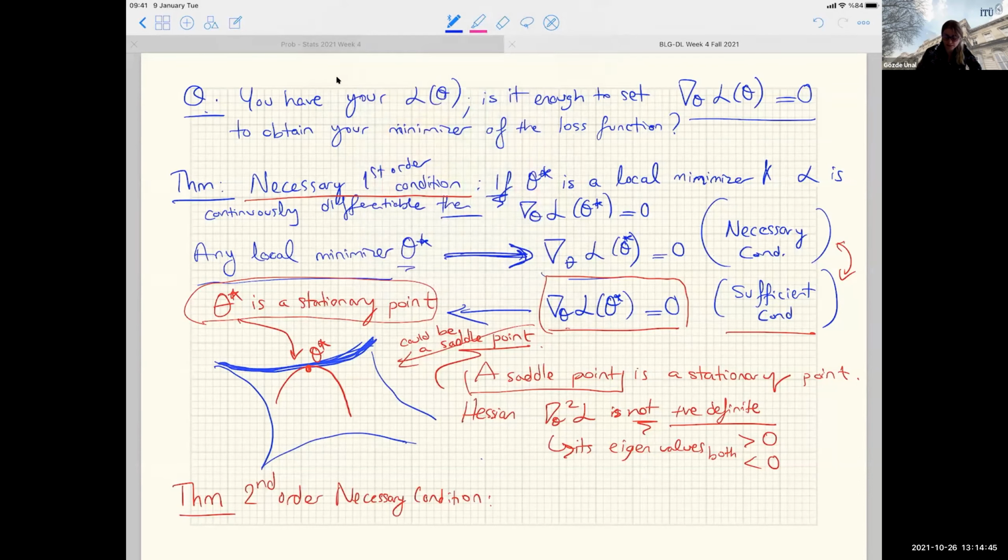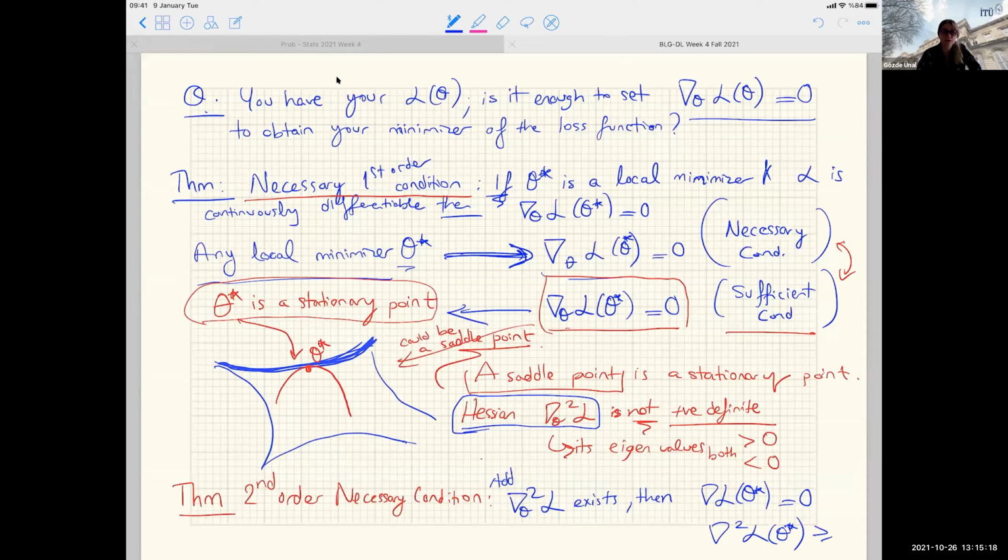We are adding that the Hessian exists, this Hessian, and then we have this and the Hessian is positive definite. Now I will write the whole theorem actually.